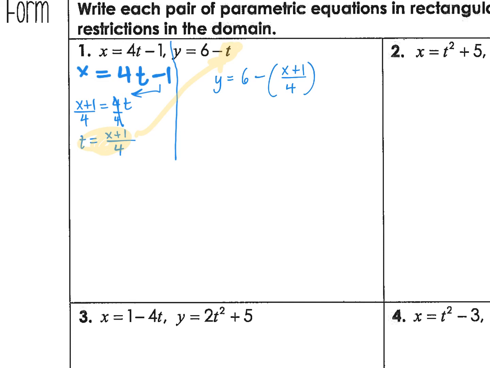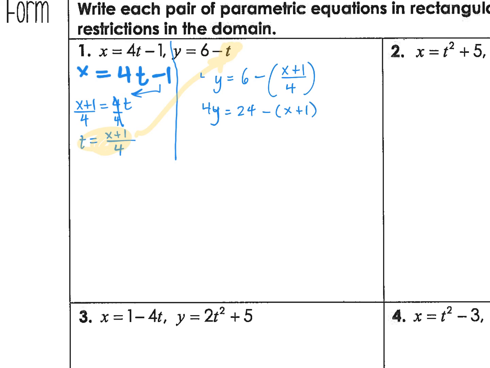If you'd like, and you don't like working with fractions, go ahead and multiply through by the denominator, which makes this 4y equals 24 minus (x plus 1) here, doesn't it?